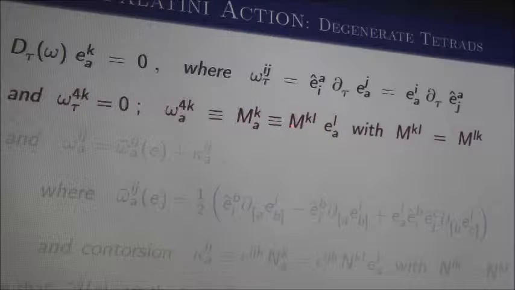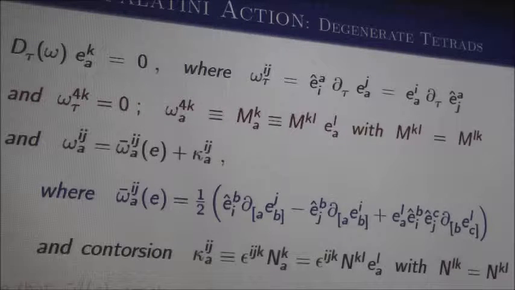But what these equations of motion tell you is that the antisymmetric part of the matrix M_{KL} is 0. So M_{KL} is only symmetric. So 3 more components have been fixed, and 6 have been left unfixed. These are the symmetric components M_{KL}.